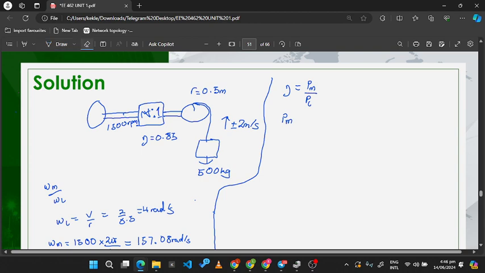I always get confused. So our P_M will be P_L divided by the efficiency. And power is given by torque times speed.